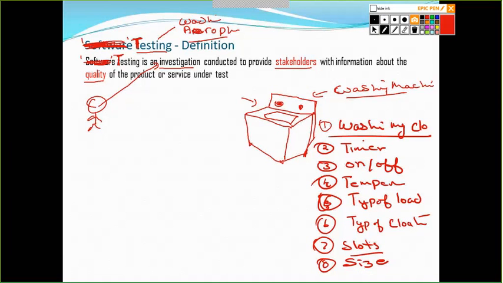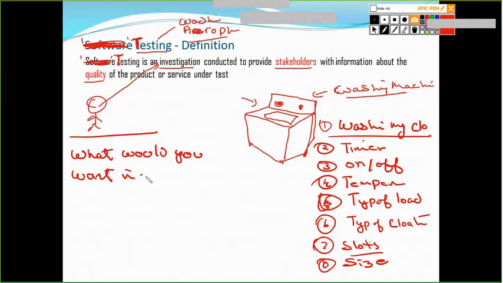Now, what did I ask you to say? I asked you to tell me what you would want in a washing machine.